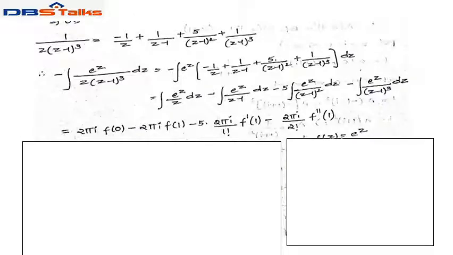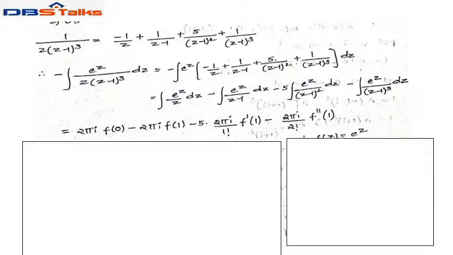Then substitute the a, b, c, d values in the given equation. 1 by z into (z minus 1) whole cube equals a, that means minus 1 by z, b is 1, 1 by (z minus 1), c is 5, 5 by (z minus 1) whole square, plus d is 1, 1 by (z minus 1) whole cube. So minus integral e power z by z into (z minus 1) whole cube dz equals minus integral e power z, and 1 by z into (z minus 1) whole cube is minus 1 by z plus 1 by (z minus 1) plus 5 by (z minus 1) whole square plus 1 by (z minus 1) whole cube dz.